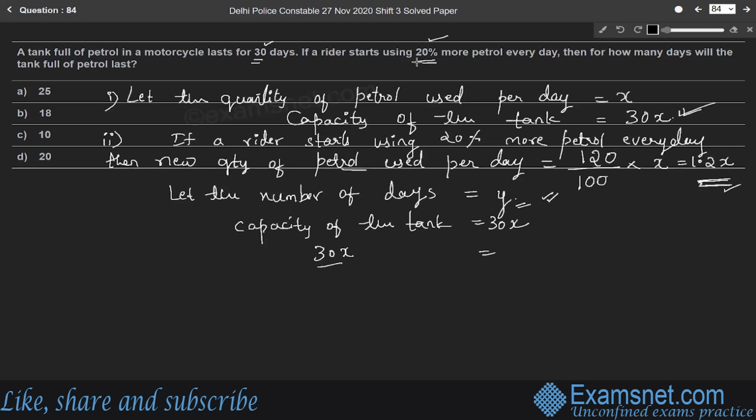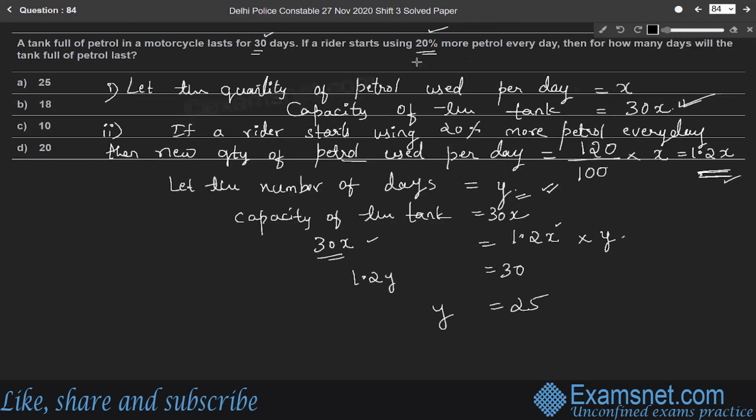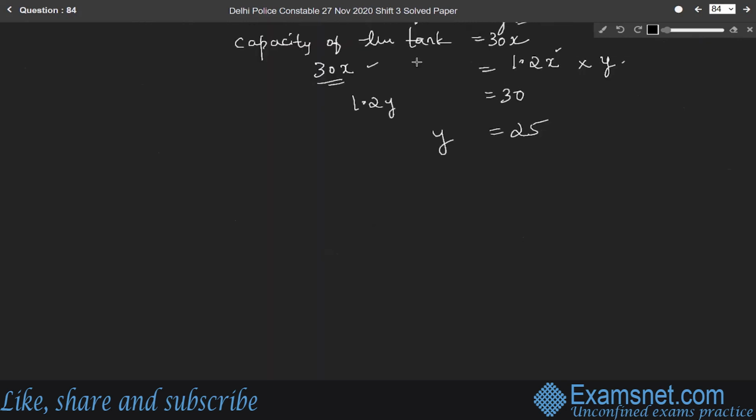So we can equate 30x and the product of 1.2x and y. Therefore, x and x will get cancelled. Therefore, 1.2y is equal to 30. Therefore, y is 25. So what is y actually? It is the number of days. So when the rider starts using 20% more petrol, the number of days the tank full of petrol lasts is 25 days.